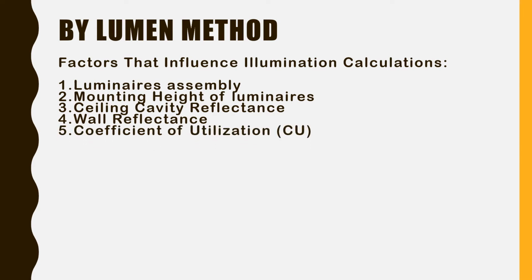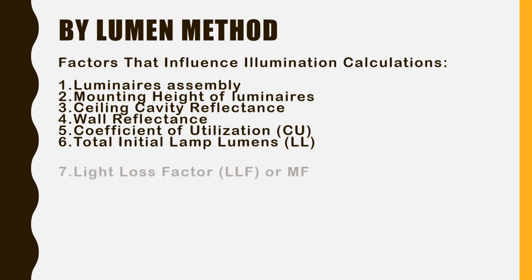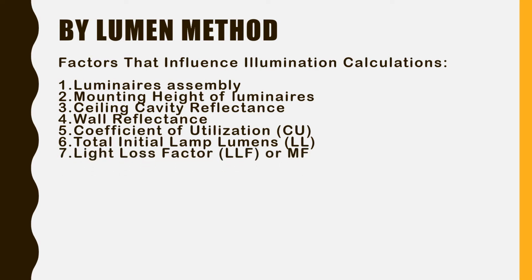Coefficient of utilization, CU, we can also find in the table. Total initial lamp lumens, or lamp lumens: the lamp lumens that can be provided by the lamp or by the fixture. Light loss factor, or sometimes called maintenance factor.